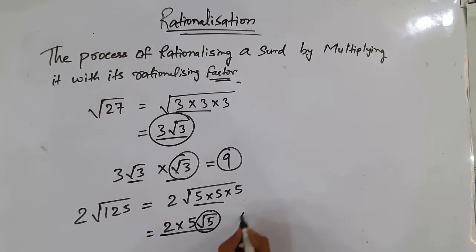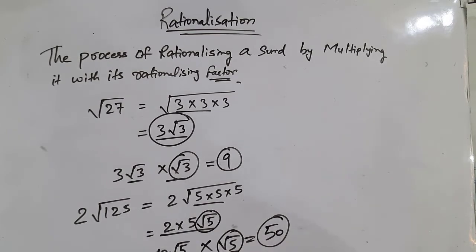Root 5 multiplied by root 5 is 5, and 10 5s are 50. So this is the least rationalizing factor.